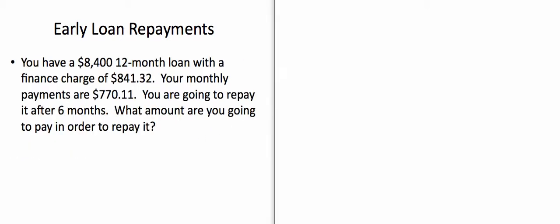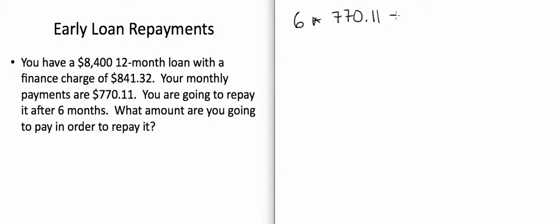You've got an $8,400, 12-month loan with a finance charge of $841.32. Your monthly payments are $770.11. You're going to pay it off after 6 months. How much are you going to have to pay in order to repay it? First thing you're going to do, since there are 6 months left on the loan, you're going to take 6 times $770.11.